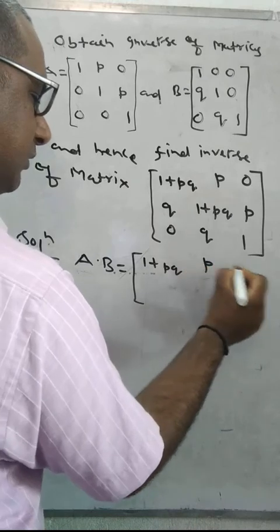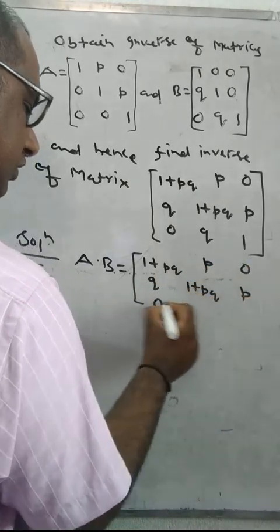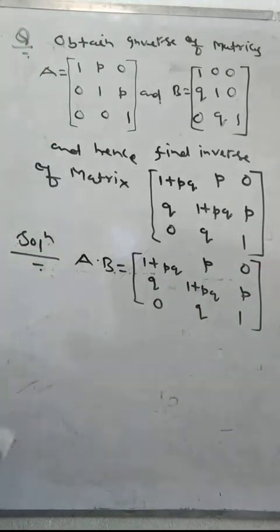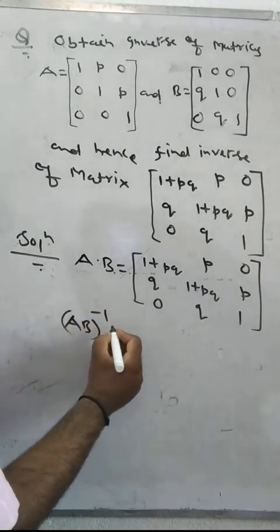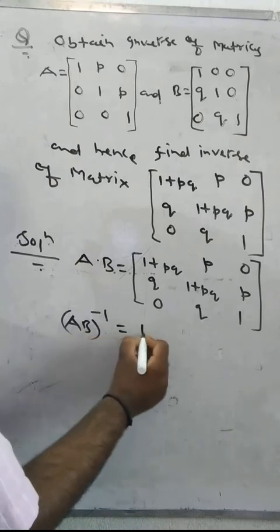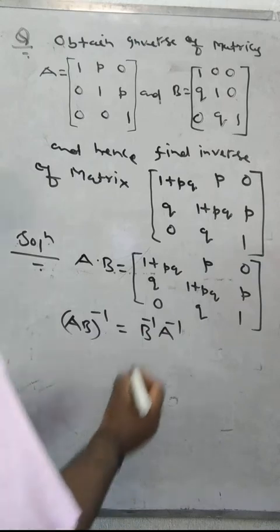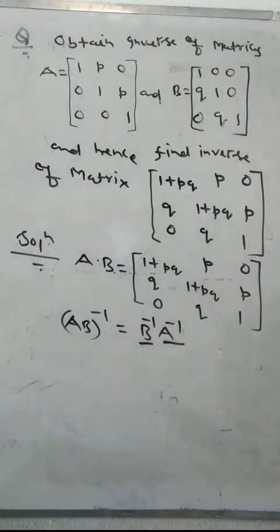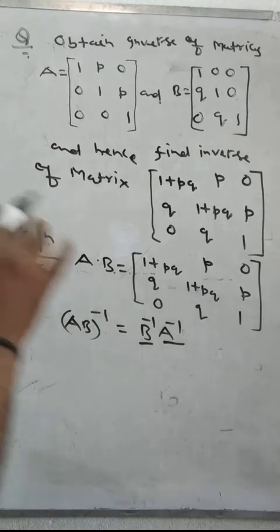So we have to find AB inverse, and by the reversal law, AB inverse is equal to B inverse A inverse. So our objective is to find B inverse and A inverse and then multiply B inverse A inverse to get AB inverse. This is the motto of this solution.